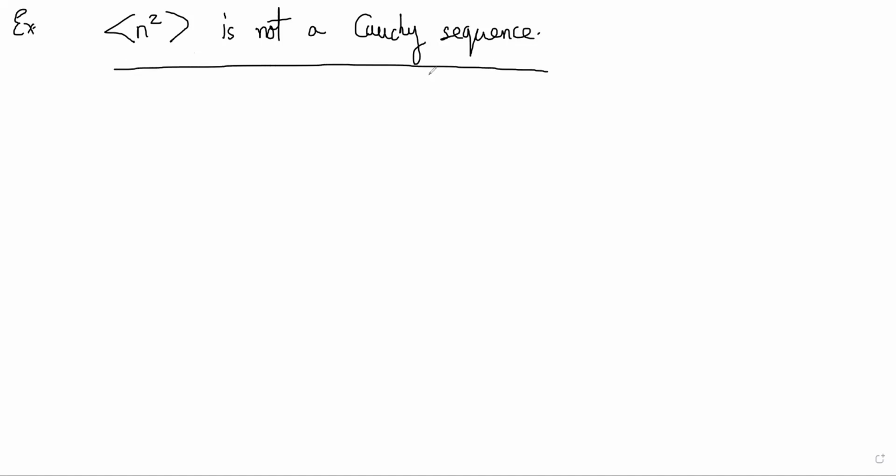The other question was to prove that this is not a Cauchy sequence. So here the terms are fn is n square. If you take two terms, let's take fp, which is equal to p square, and fq equal to q square.